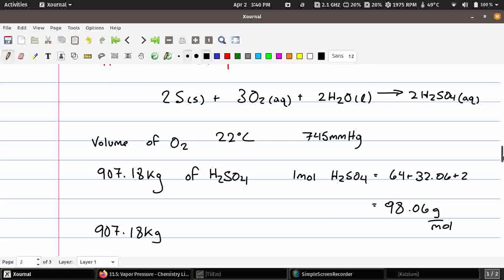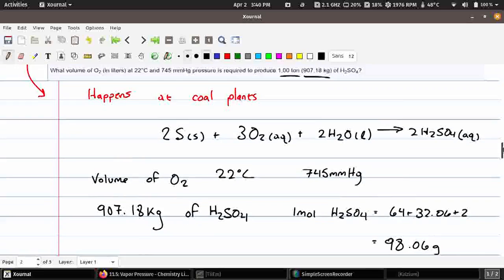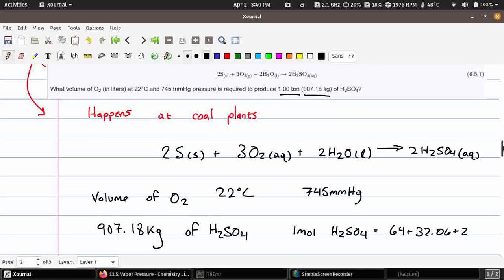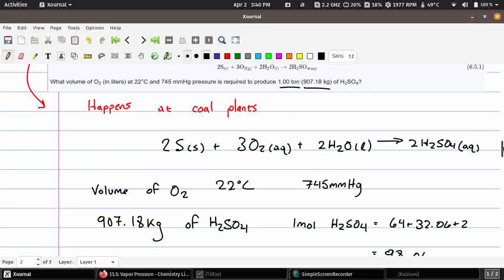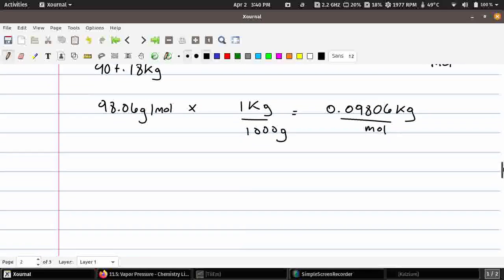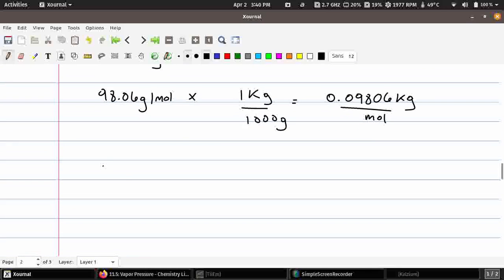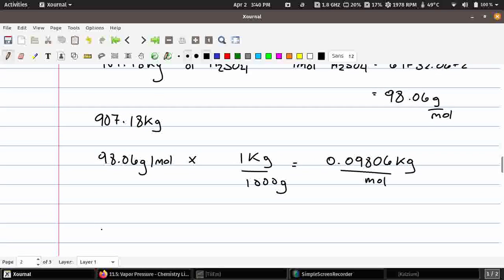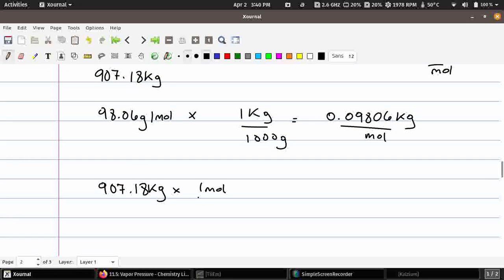So first let's figure out how much oxygen is needed. So we have to figure out how many moles we have in here to make this amount. So 907.18 kilograms times 1 mole over 0.09806 kilograms.